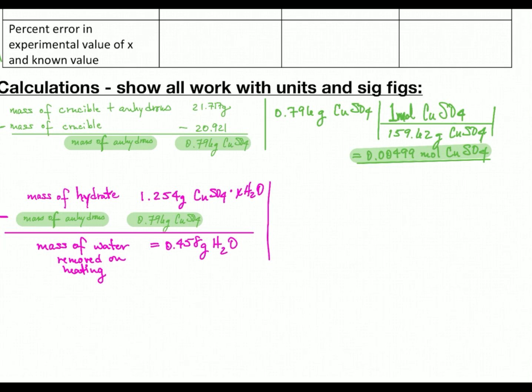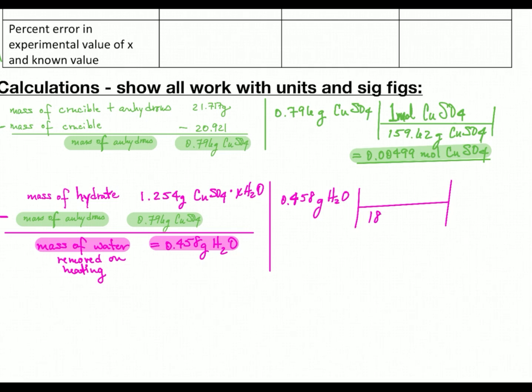Now, once again, we're doing a formula, which is a counting ratio, not a mass ratio. So we're going to take that and transfer that to moles. 0.458 grams of water. Then if you add up 2 hydrogens and 1 oxygen, that's 18.02 grams of water to 1 mole of water.